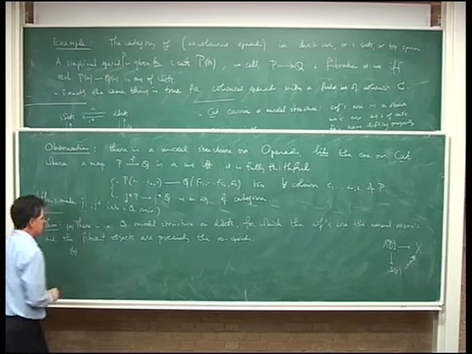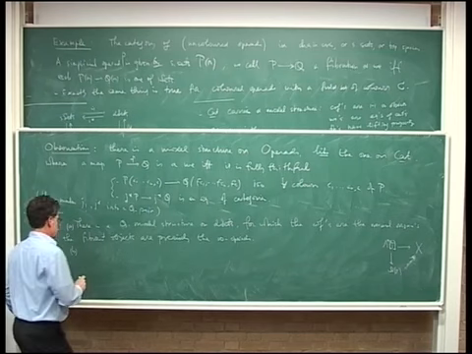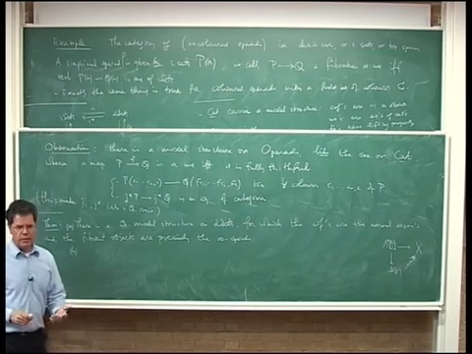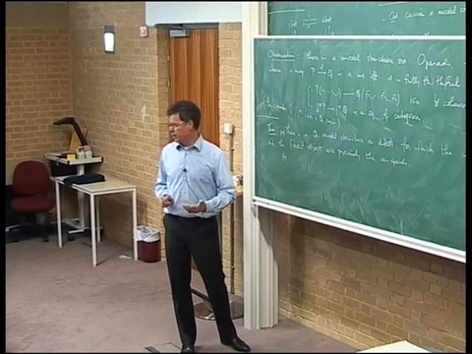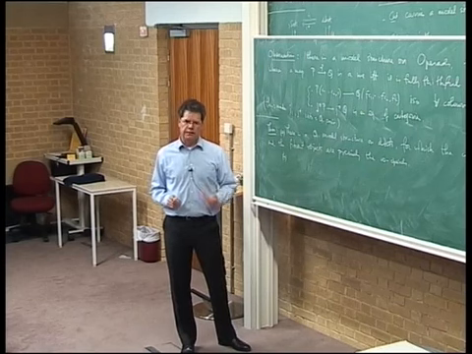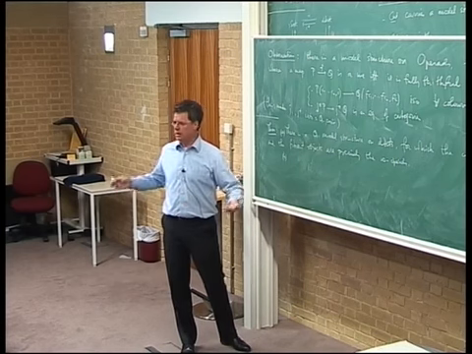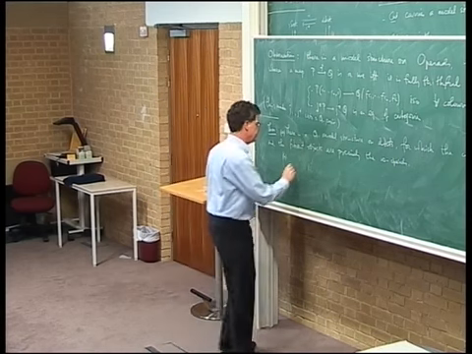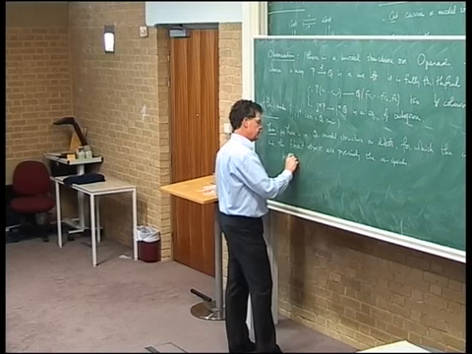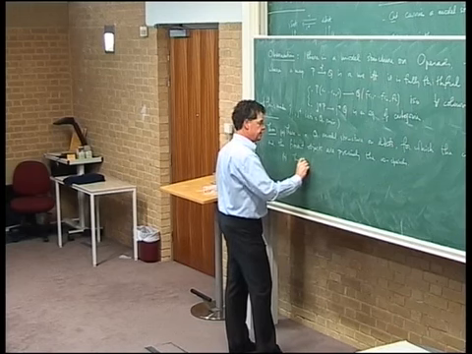B. If you have a model structure on any category and you take a comma category or a slice category, with the same classes of maps, it again satisfies the axioms for a Quillen model category.